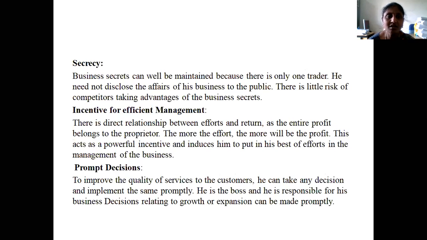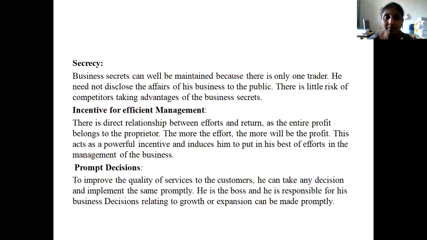Next, secrecy. So another advantage is secrecy. See here, the person is a single person. So whatever business secrets he is using for developing his business, he maintains by himself. He is not going to leak the secrets or promotion techniques or whatever things he is using in his business to another person, because he doesn't want to spoil his own business.